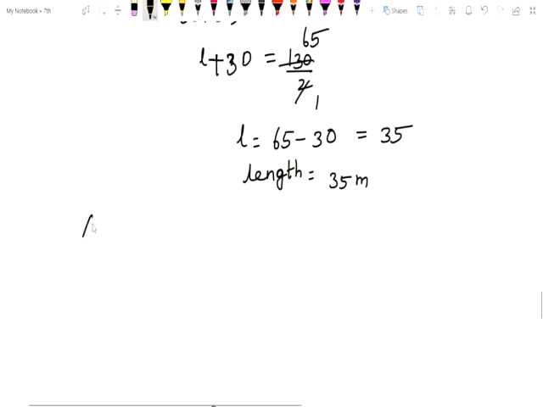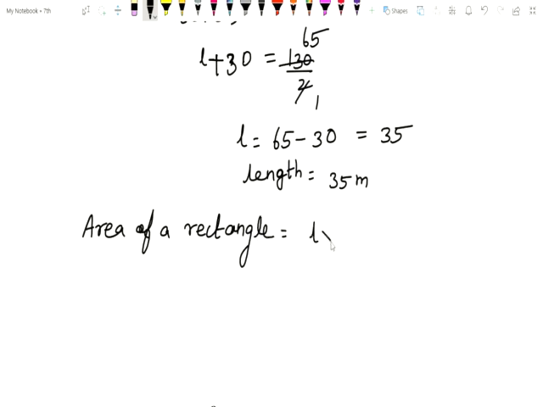So area of a rectangle equal to, what is the formula, children? Length into breadth square units. Here length 35, breadth is 30. Multiply with the 3.